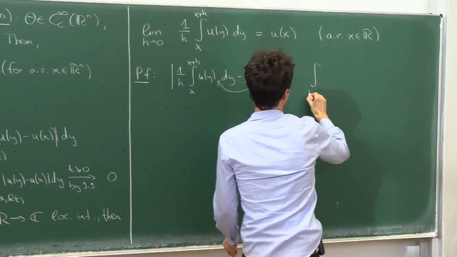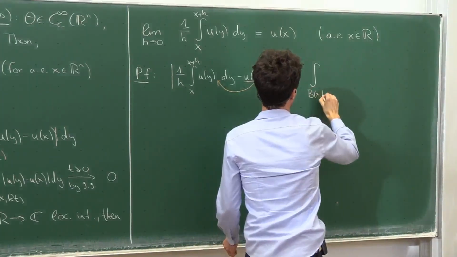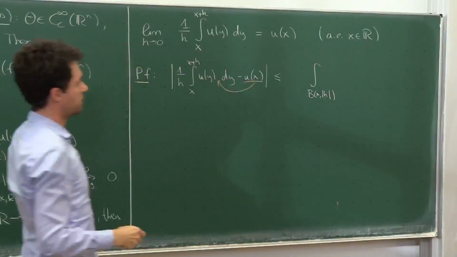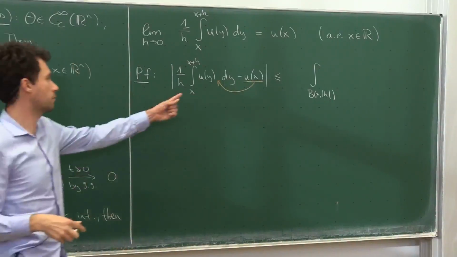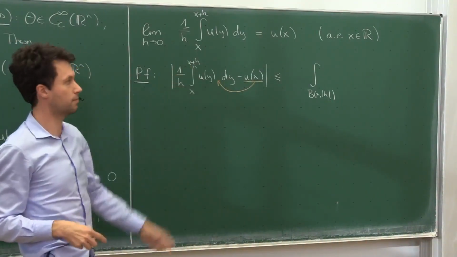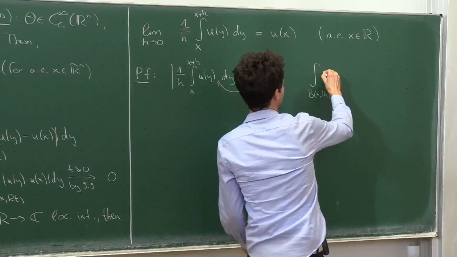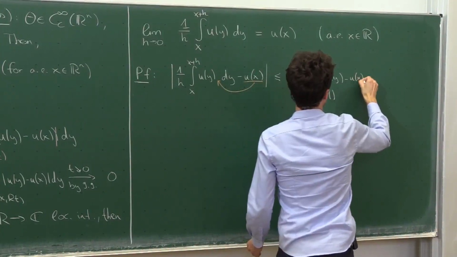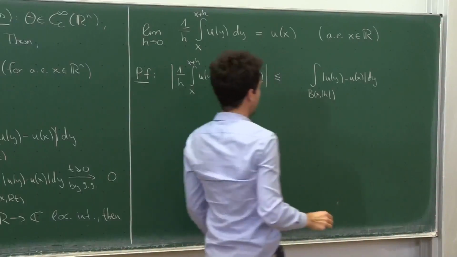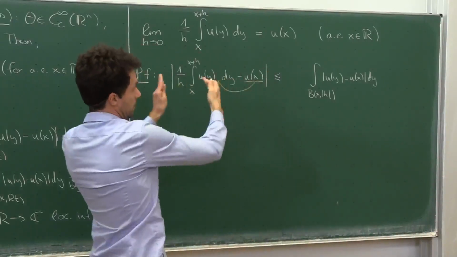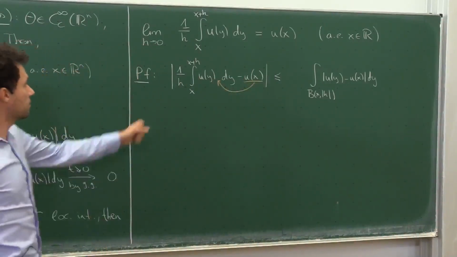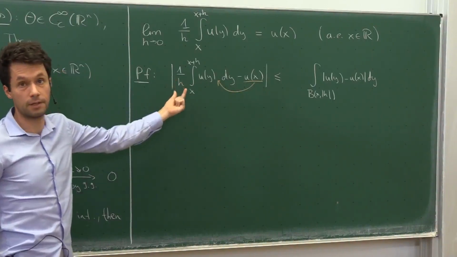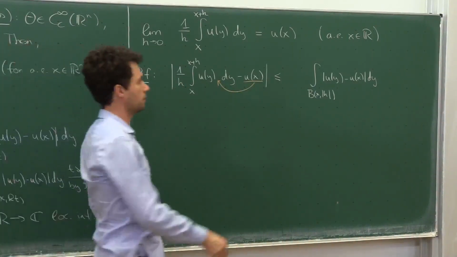I'm going to make that integral an integral over a ball of radius absolute value of h. So if h is positive, this would be going from x minus h to x plus h. Inside of the integral, I have u of y minus u of x dy, just moving absolute values inside. In front of the integral, I had 1 over h with absolute value, which is half of the measure of this set.